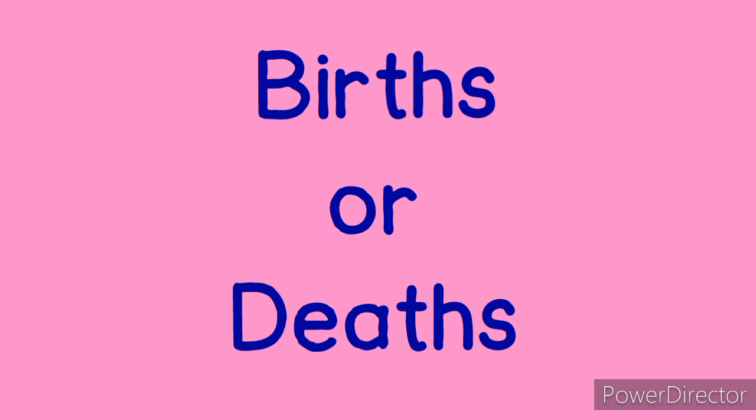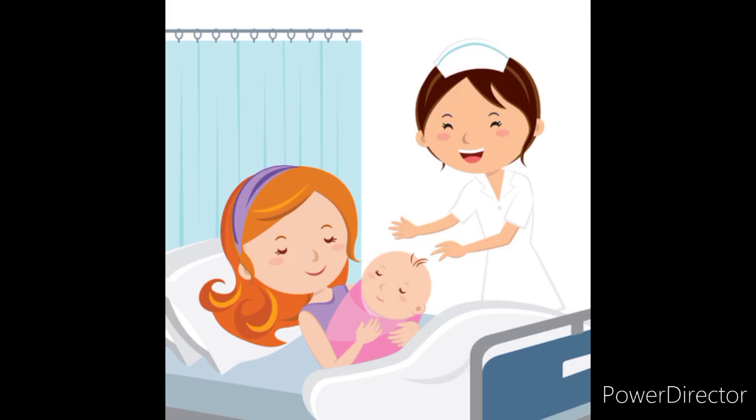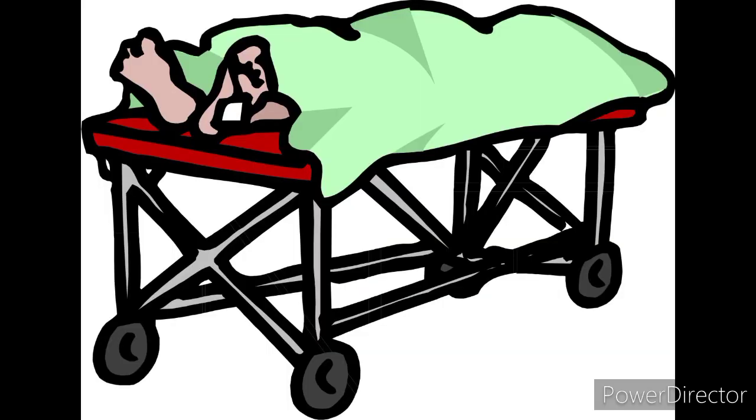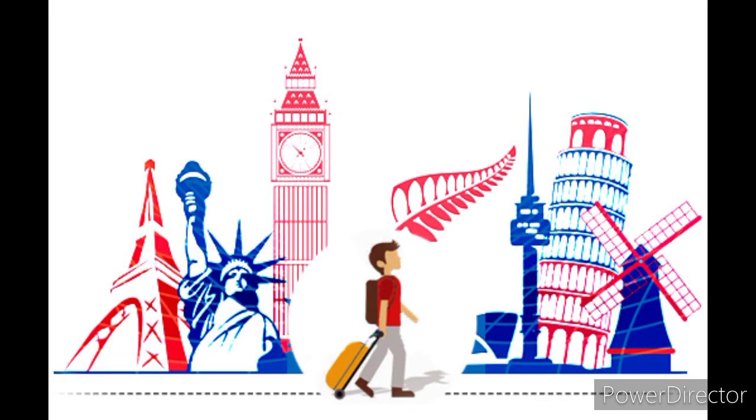The number of people in a family also changes due to births or deaths. A family grows when the new generation is born. But when members of a family pass away due to reasons like old age, illness, or accidents, the number of its members is reduced. Sometimes children in a family go to other places for their education.